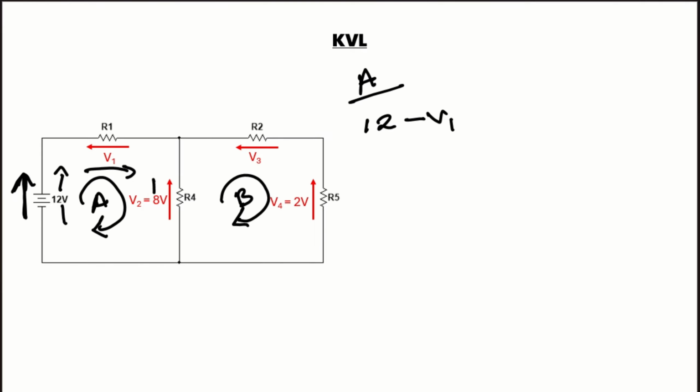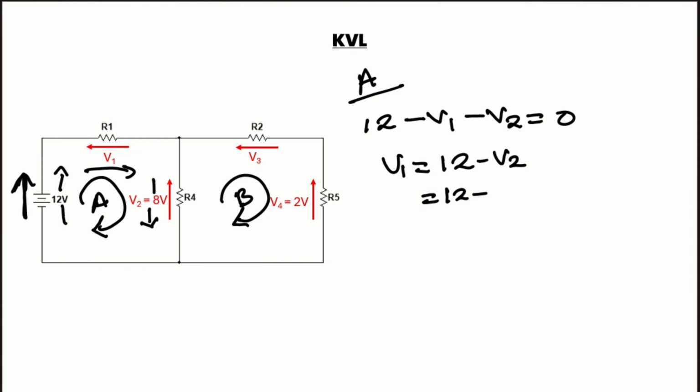The V2 direction is also opposite, so again it will be minus V2, equal to 0. So V1 will be 12 minus V2, where V2 is 8 volts, so it will be 4 volts.